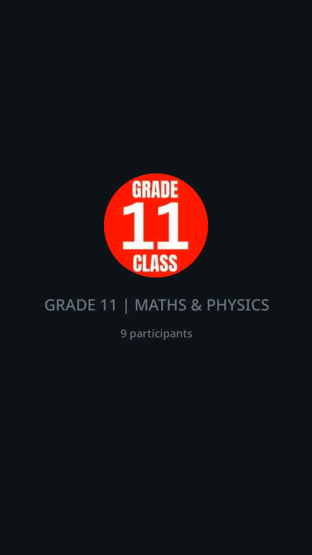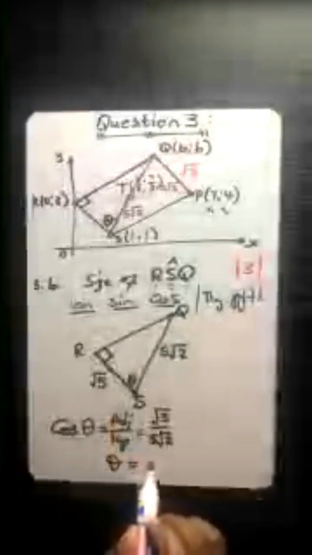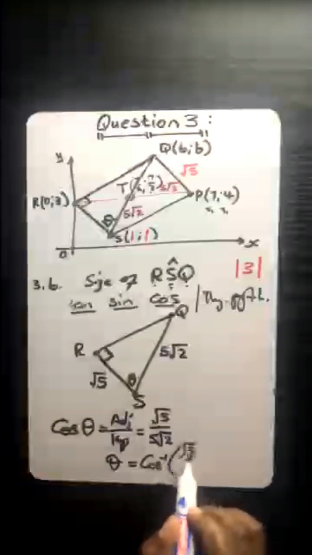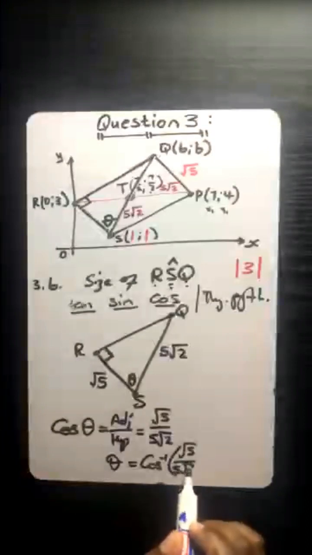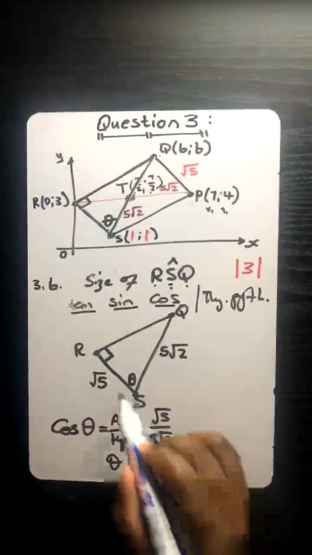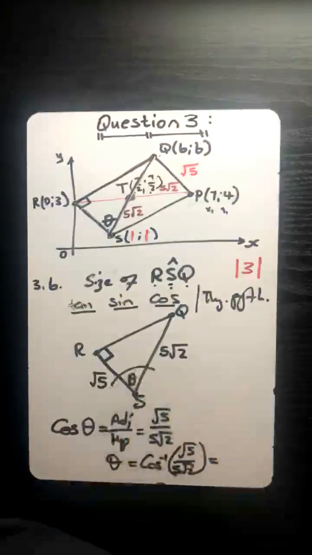So now what are we having? What is adjacent? Obviously it is root of 5 over what is hypotenuse? It is the one opposite to the 90-degree angle, which is 5 root of 2. So that means the angle is equal to the inverse cos of root of 5 divided by 5 root of 2. What angle are we getting there?